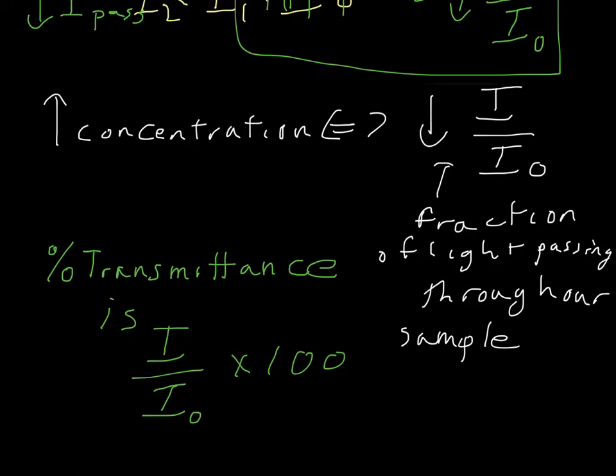So percent transmittance is the intensity of light after the sample divided by the intensity of light before the sample times 100.